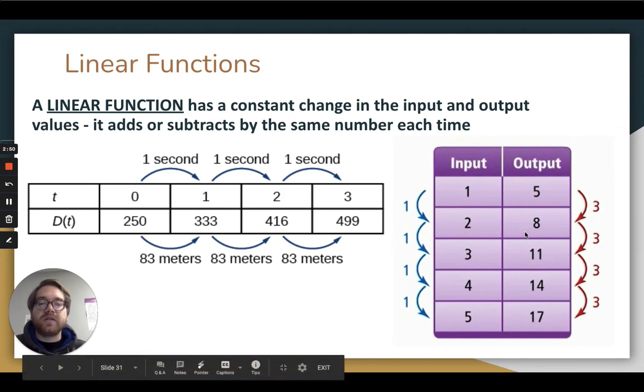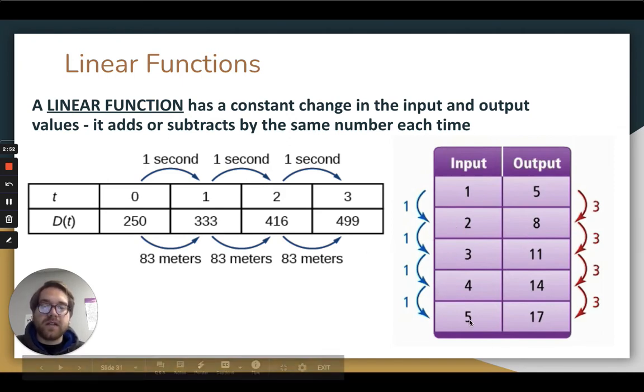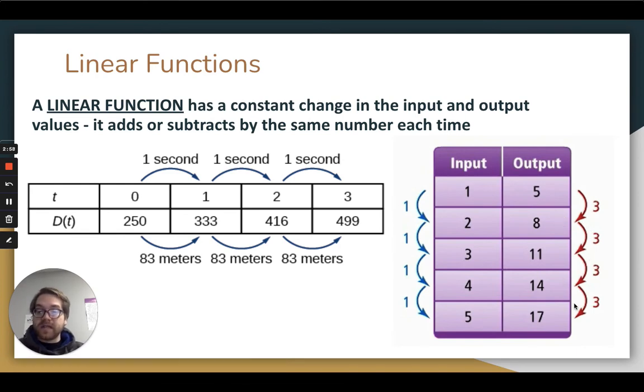Same thing over here, right? As the input increases by 1 each time, the output is increasing by 3 each time. So if we see in an input-output table, or with whatever function we're looking at, in whatever form it is, if we see that it's increasing or decreasing by the same number each time, that's going to be a linear function.